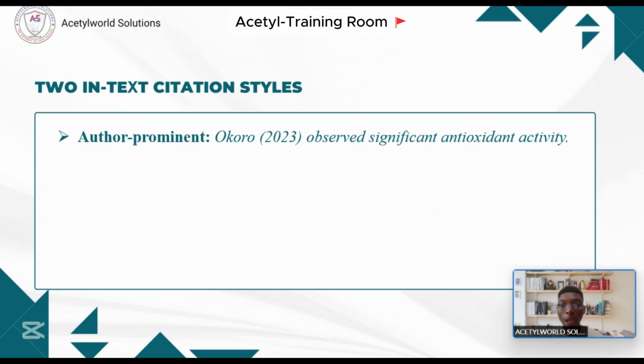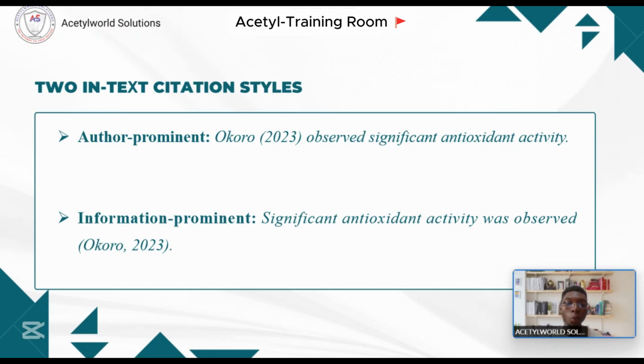There are two types of citation styling. There is author prominent and there is information prominent. Author prominent is more like a narrative reference. The name of the author is reflected in the statement. While information prominent is you writing the statement and then putting the author and the year, the in-text citation, in parentheses.